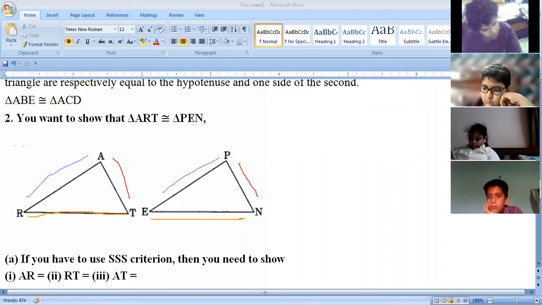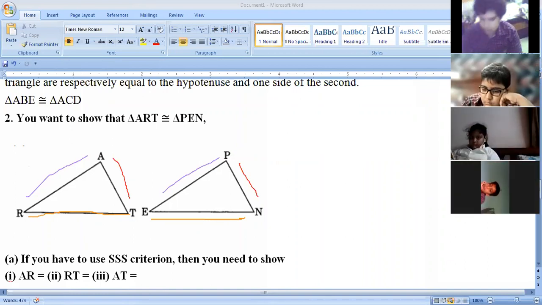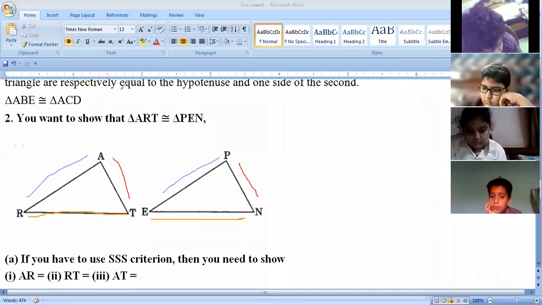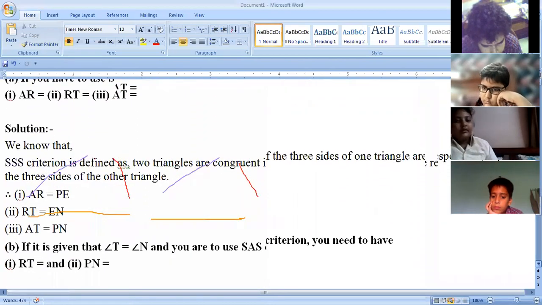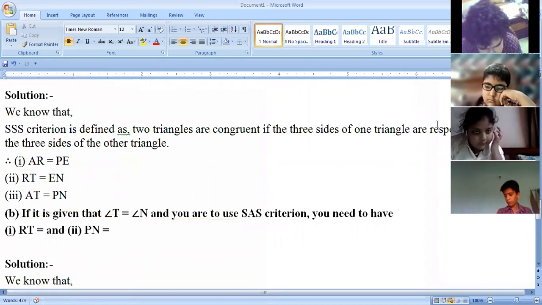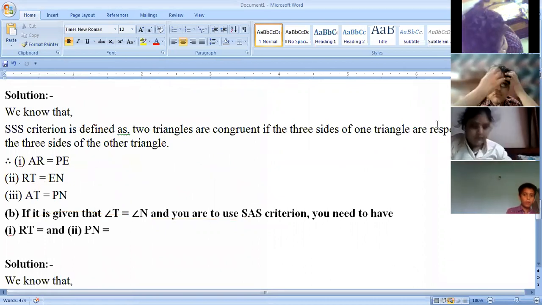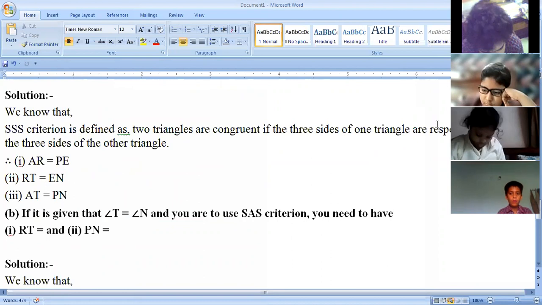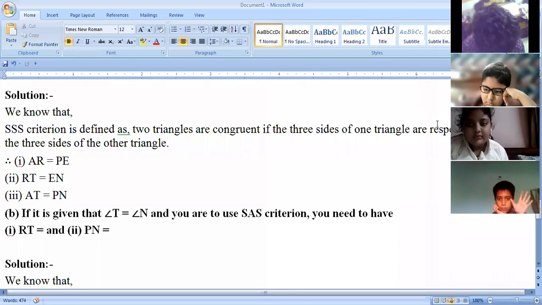Okay, you can mute yourself. Anshika, read the B part. Your voice is not coming. Yes, beta, read the B part.